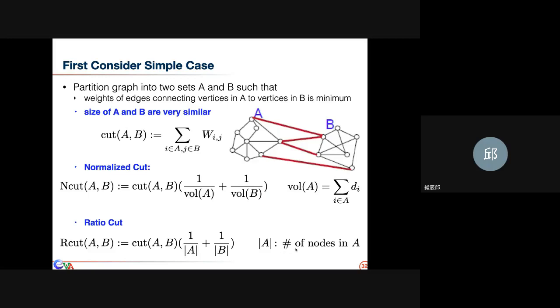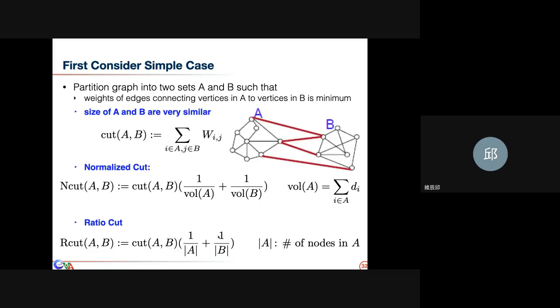So basically, it denotes the number of nodes in a specific group. So we use these additional constraints in order to avoid the degenerate solution.